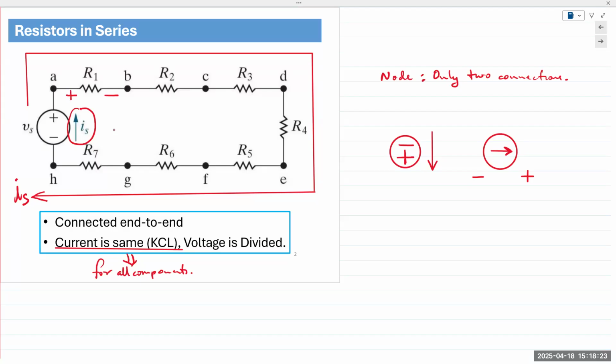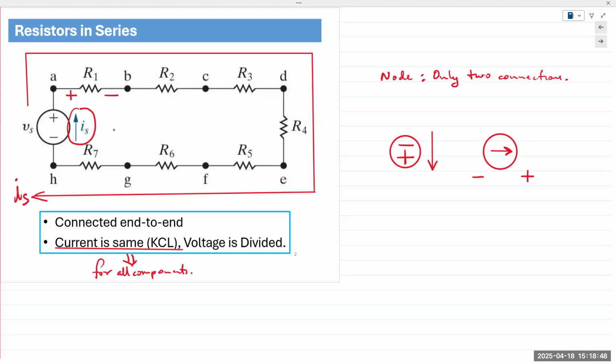Current always goes from high to low. Temperature always goes from high to low. Pressure goes from high to low. Liquid, high to low. Current, like any other physical quantity, always goes from higher potential to lower potential, except when it's a source. Okay, law of conservation of energy applies. So current flows from high to low.